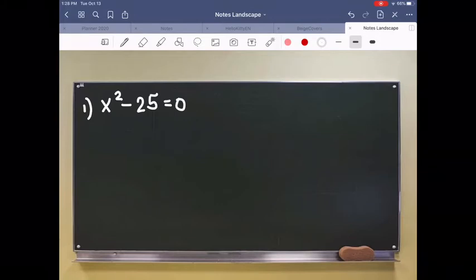We know that 25 is a perfect square. Notice that this given has no b, no coefficient for x, so it's just a binomial. We have x squared and 25, so just two terms.